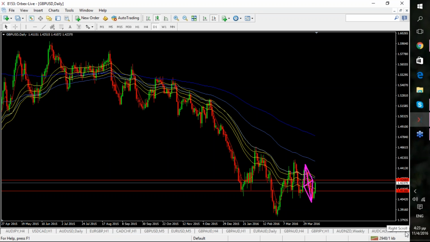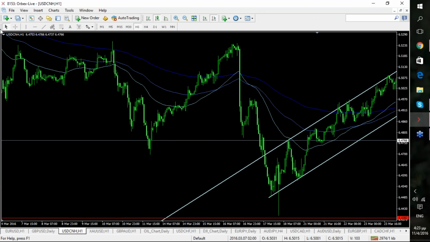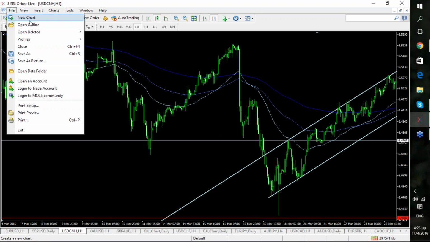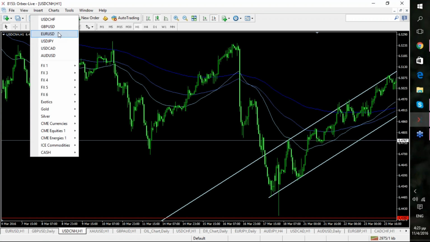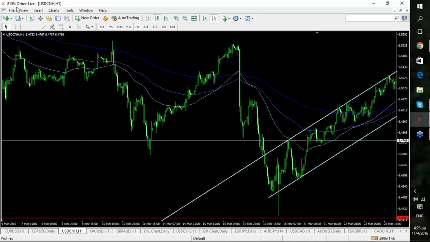I don't see any USD JPY on here, so what I'll do is open a new one. Give me a second, guys. Alright, so I've got my GBP USD here. Let me just switch that. So I've got USD JPY.